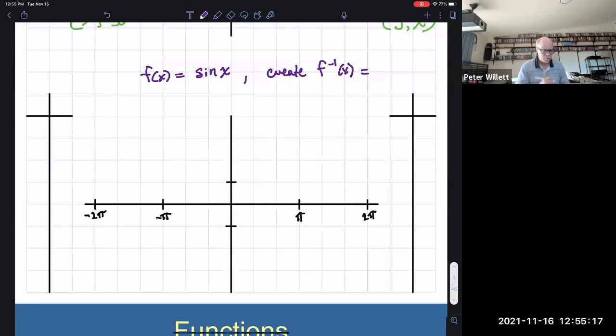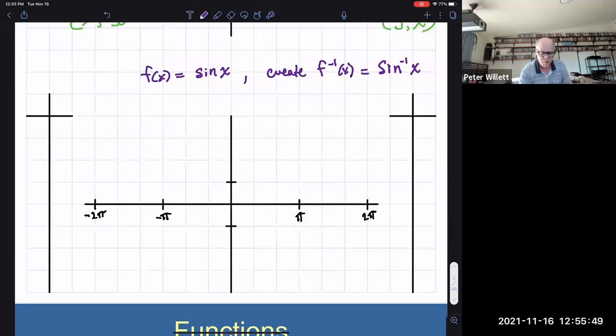And just to remind ourselves that this -1 is not an exponent when you're using it in the context of this f function with a -1 superscript there. That means the inverse of the f function. And we've used this already, because the way we write this for the sine function is we write sine, and we put a little -1 up here, of x, and that's the inverse function of the sine function, or the inverse sine function, sometimes referred to as the arc sine.